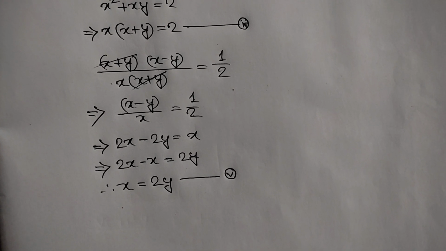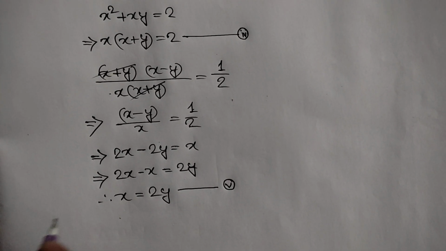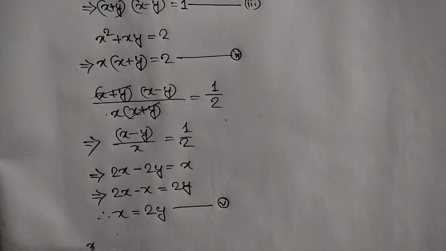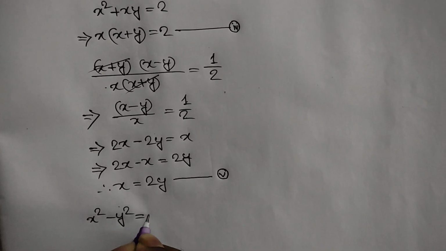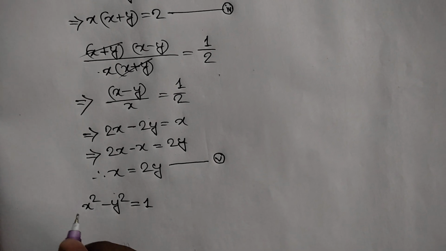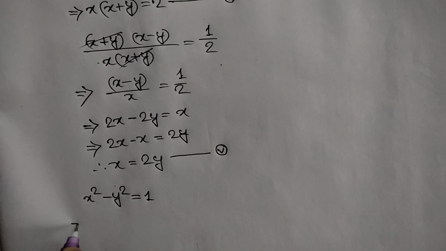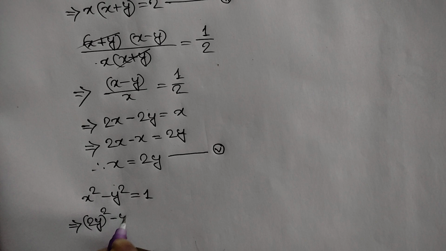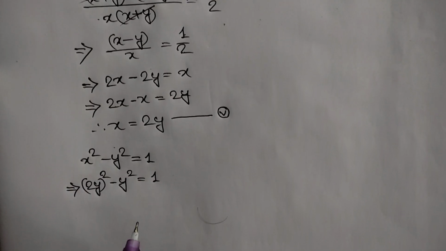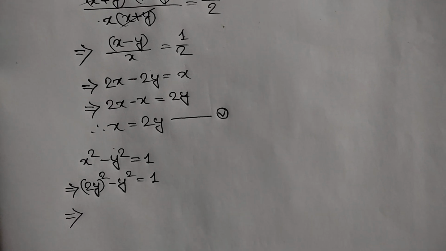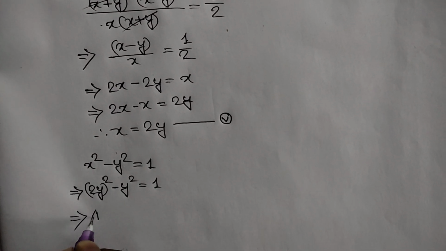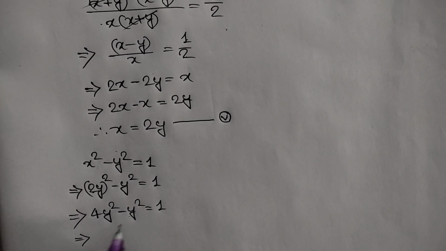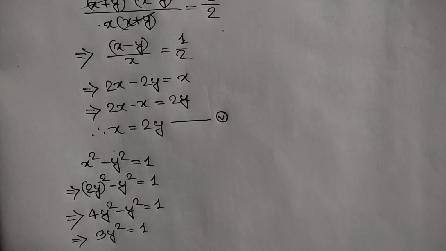Now substituting the value of x in equation 1, we can write x squared minus y squared is equal to 1. Since x is equal to 2y, we have 2y squared minus y squared is equal to 1, or 4y squared minus y squared is equal to 3y squared is equal to 1.